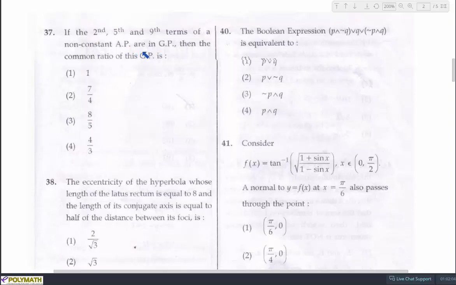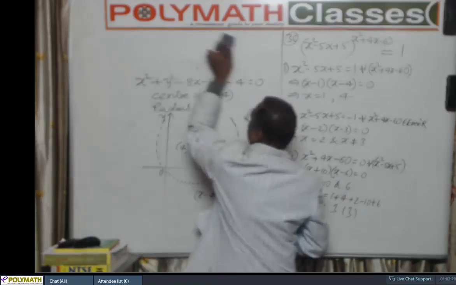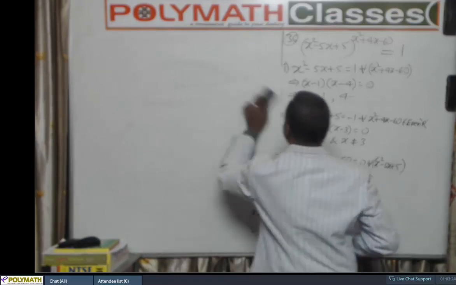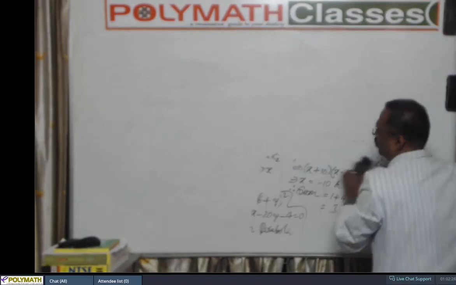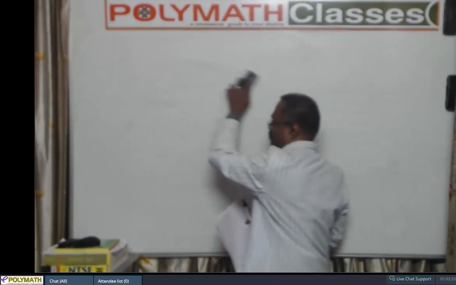So the terms that are in AP are given to be in GP, from which you have to find out the common ratio of the GP. So let us see that. Question number 37, related to sequences and series.